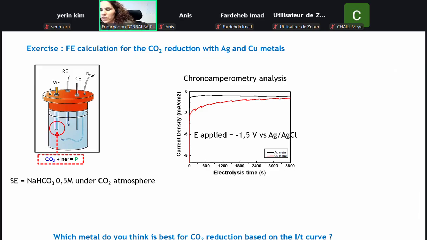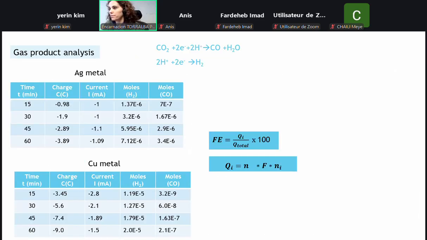So in terms of activity, copper is better. But then there is the selectivity, and now you are going to see that in terms of selectivity, silver is a little bit better.